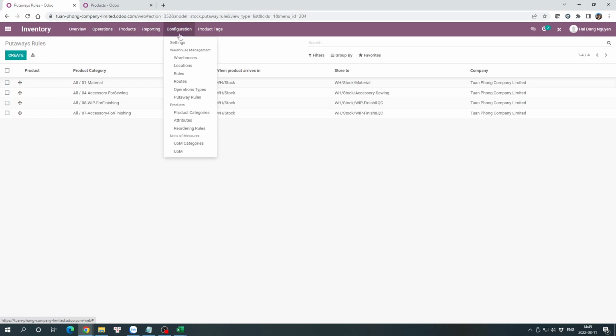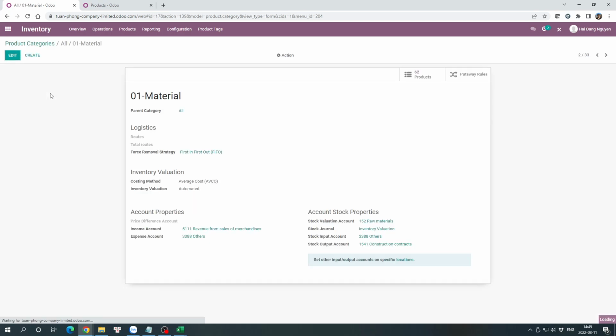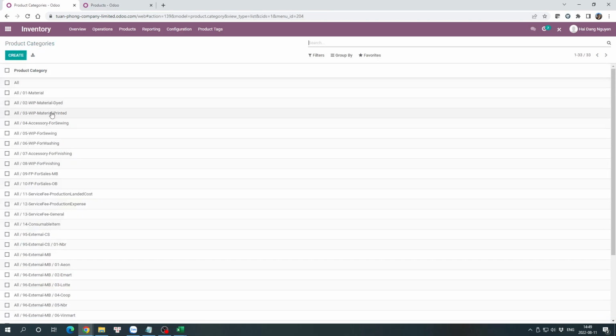Let's go into product categories and see. Take a look at the major product categories involved in our production flow so far. This one, average cost. Here you go, 3388, 1541, and so on and so forth.